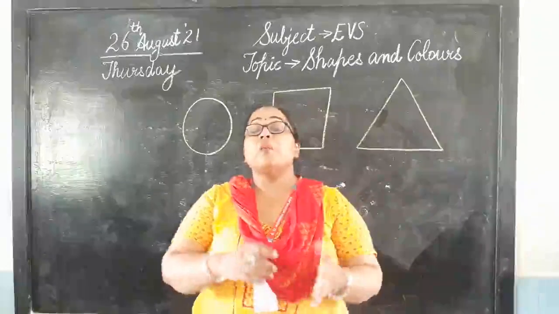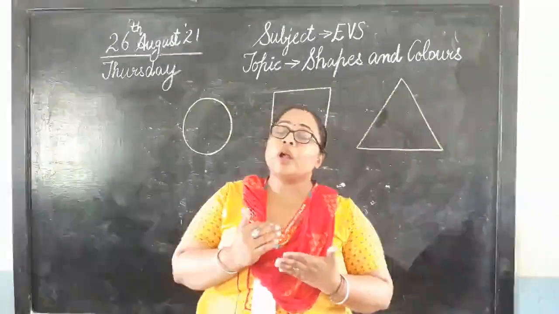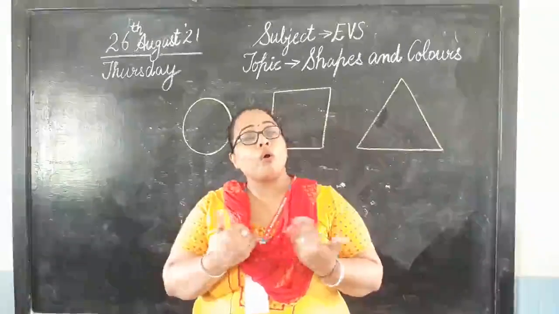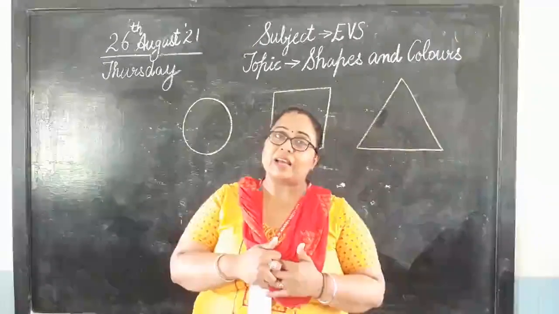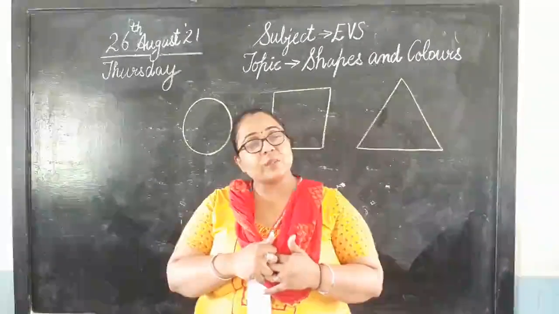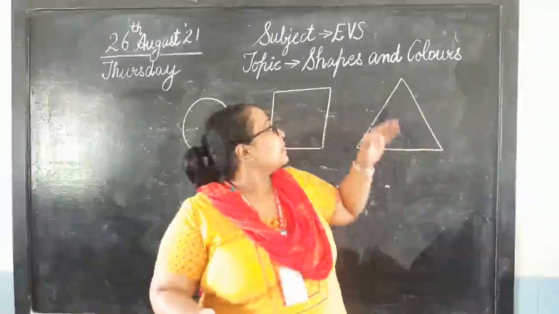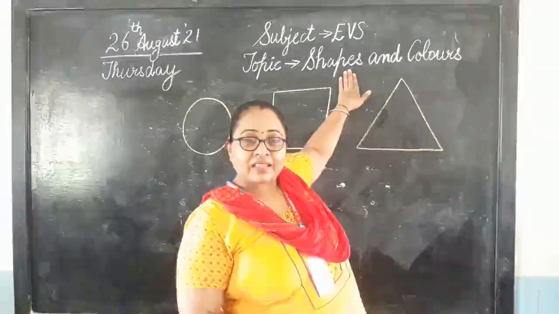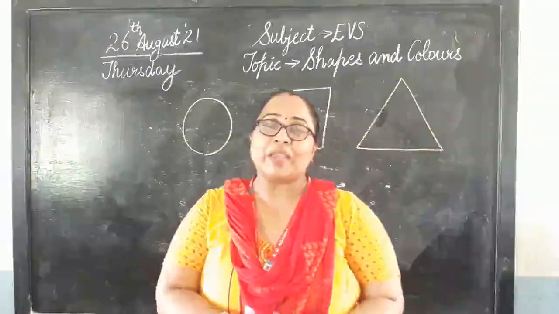Then we have done brown color, green color. So we are going to revise all these colors and the objects we have in these colors. Okay, so let's begin and revise our today's topics, that is shapes and colors. Okay, let's begin quickly.